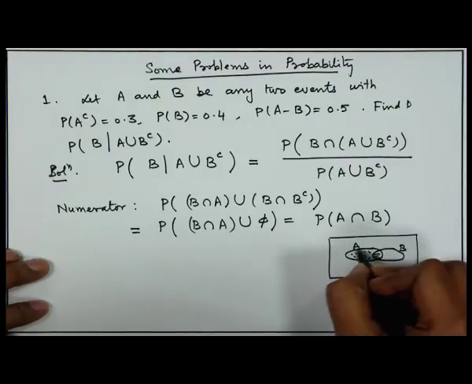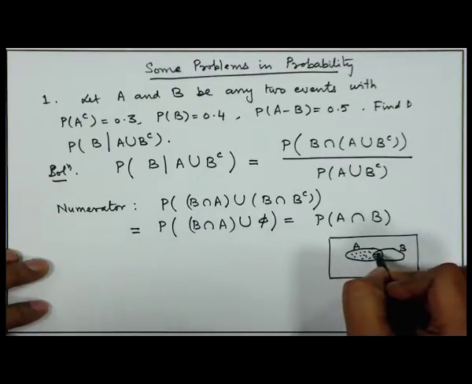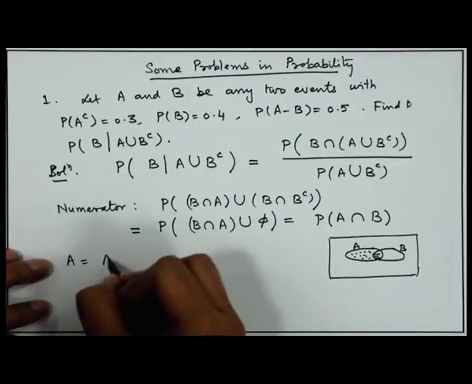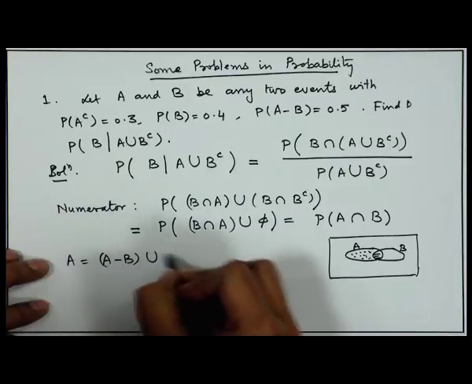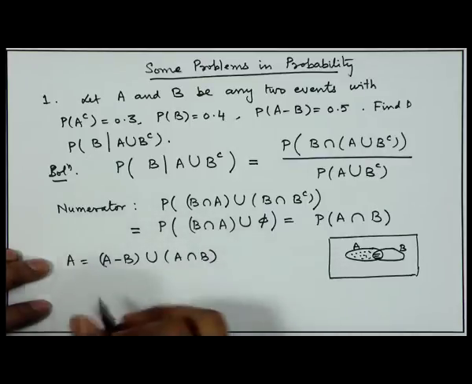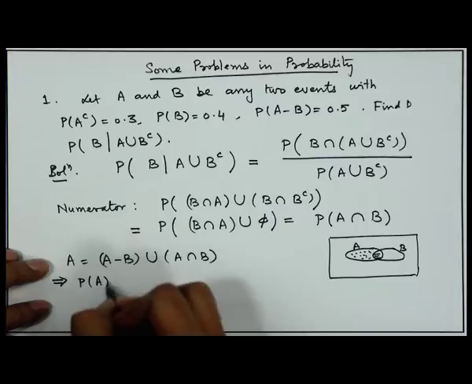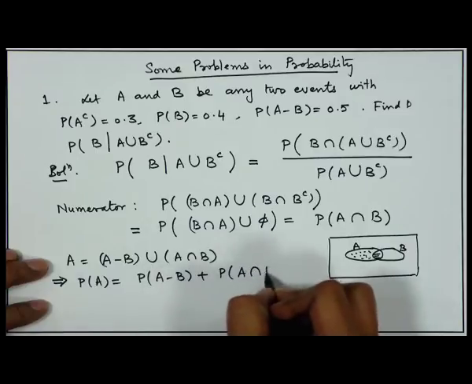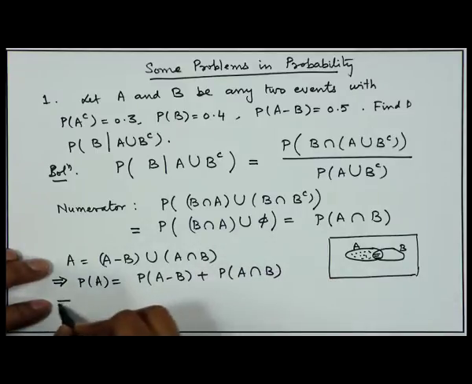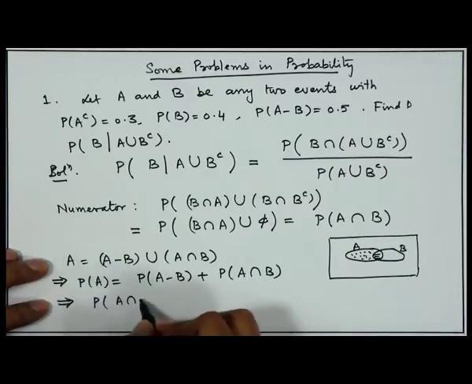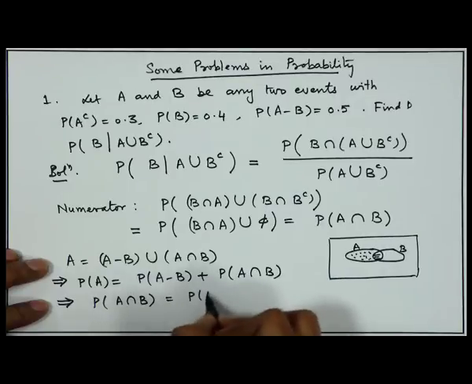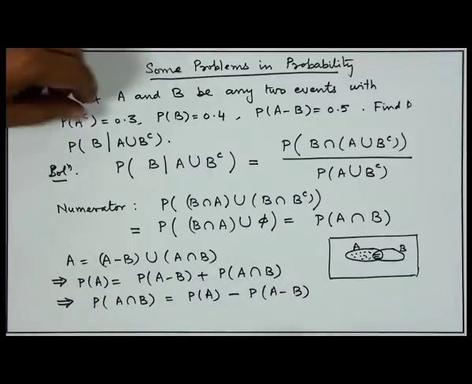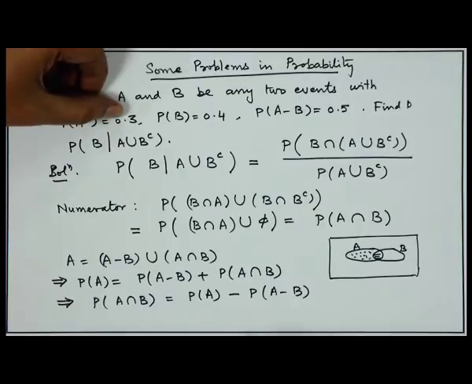Therefore, the set A is equivalent to A minus B union A intersection B. That means, probability of A is equal to probability of A minus B plus probability of A intersection B. That means, probability of A intersection B is equal to probability of A minus probability of A minus B. Now, we are given here probability of A complement is 0.3.